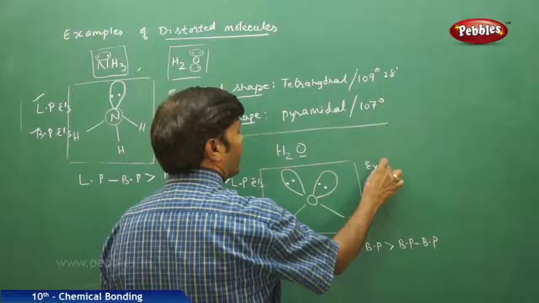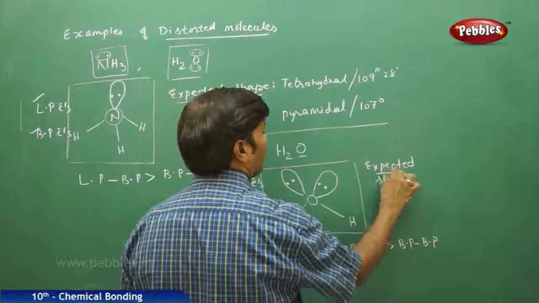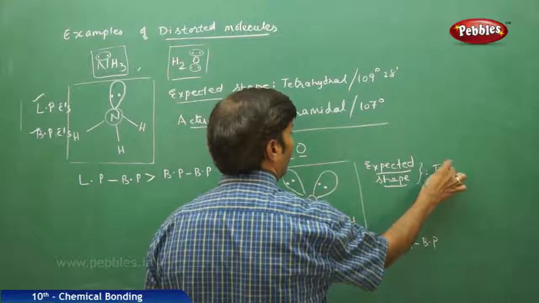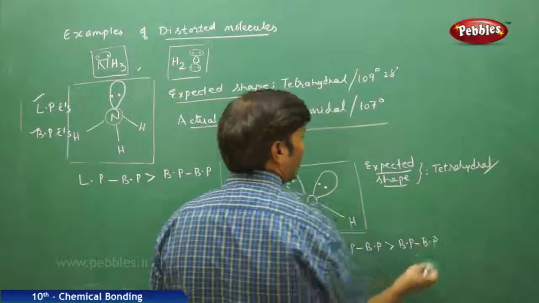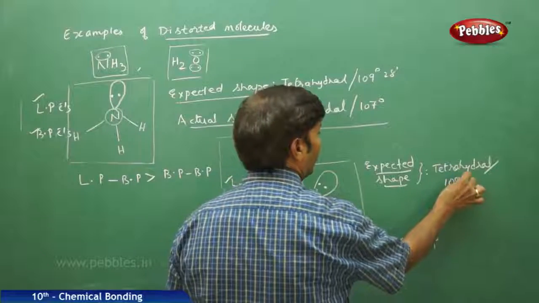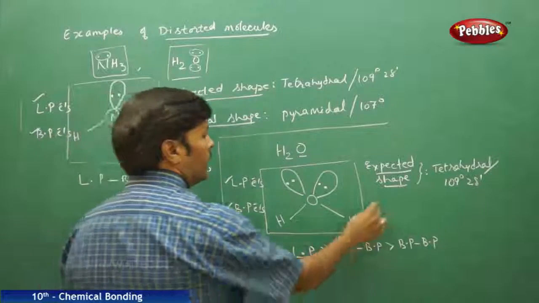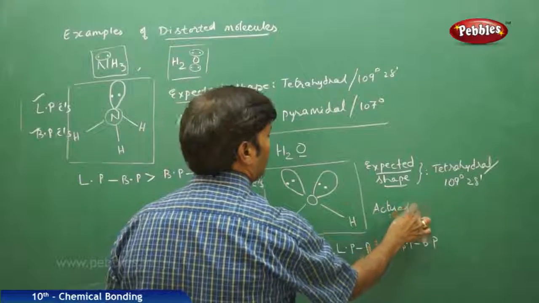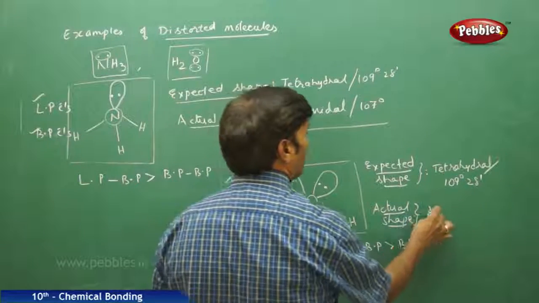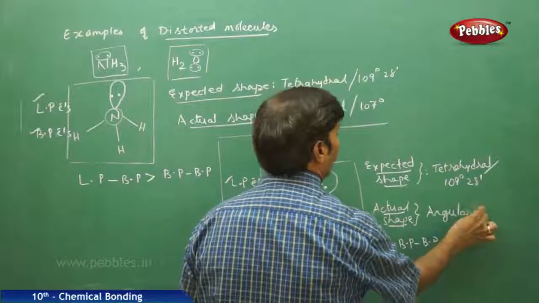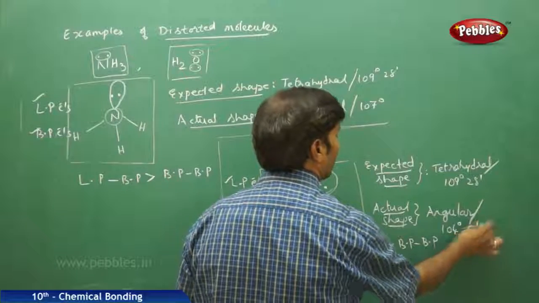The expected shape is tetrahedral with a bond angle of 109 degrees 28 minutes, but because of the repulsions, the actual shape now turns to angular, with the bond angle decreasing from 109 degrees 28 minutes to 104 degrees 5 minutes.